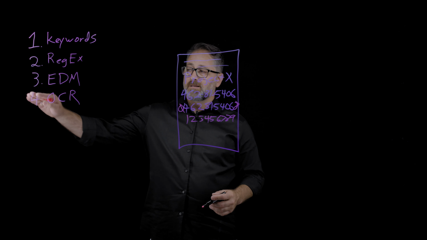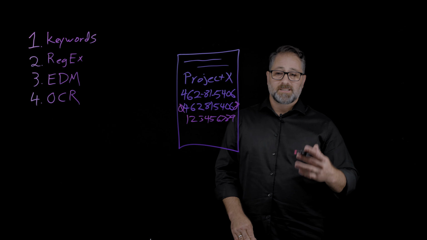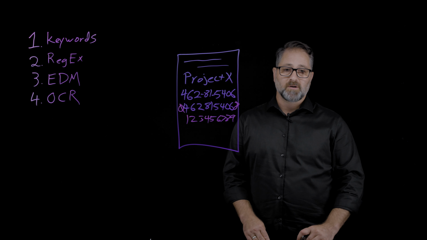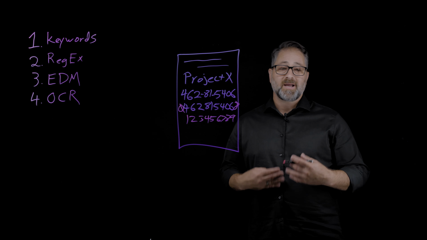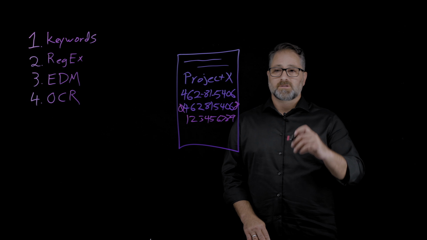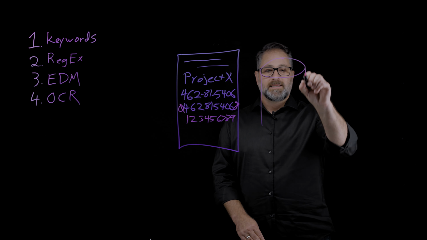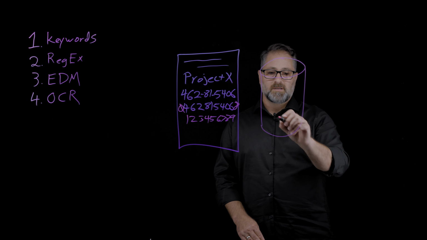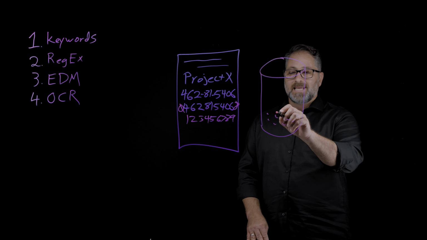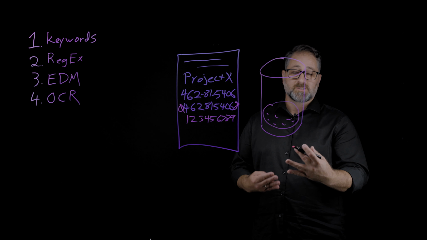Now to combat that, there's this concept called exact data matching. Exact data matching says, okay, rather than looking for anything that looks like a social security number, I'm only going to look for my customer's, my employee's, or my patient's social security number. In which case you have a database of some sort that contains all of your customer contact information. And now you're going to take a copy of this and provide that into your data loss prevention solution.